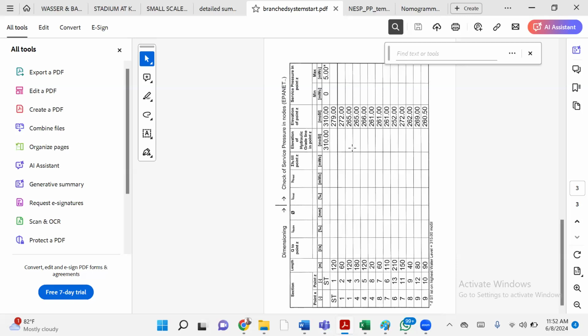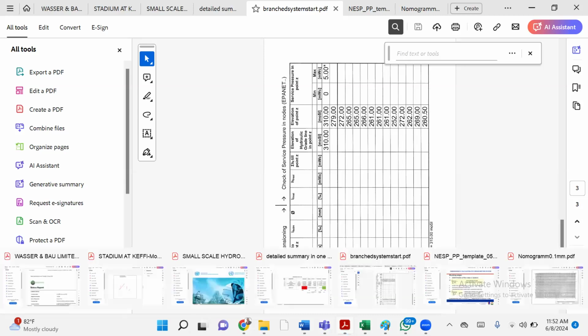It's 150 because 150 is good for 20 liters per second, and meanwhile our value is 18.5. So 150 diameter. I think we all got it. I'm happy everybody got it.